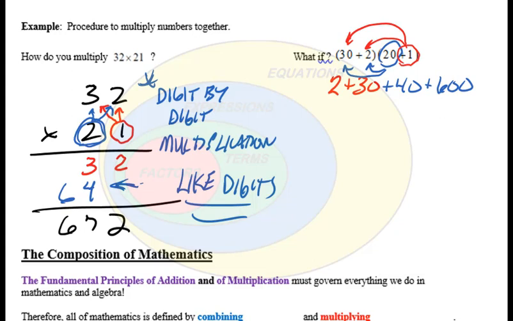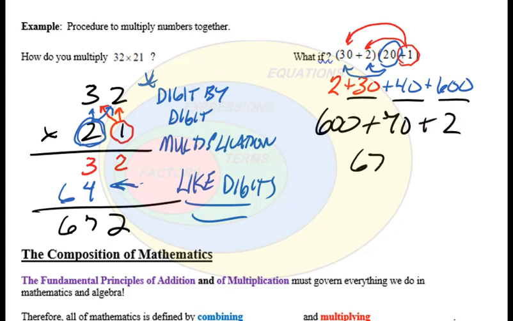So I have a 600 here. The 30 and the 40 are both tens, so I can combine those to 70, and then plus 2, which is the same as 672. So in a sense, multiplication becomes term by term. Instead of digit by digit, we call this term by term multiplication.